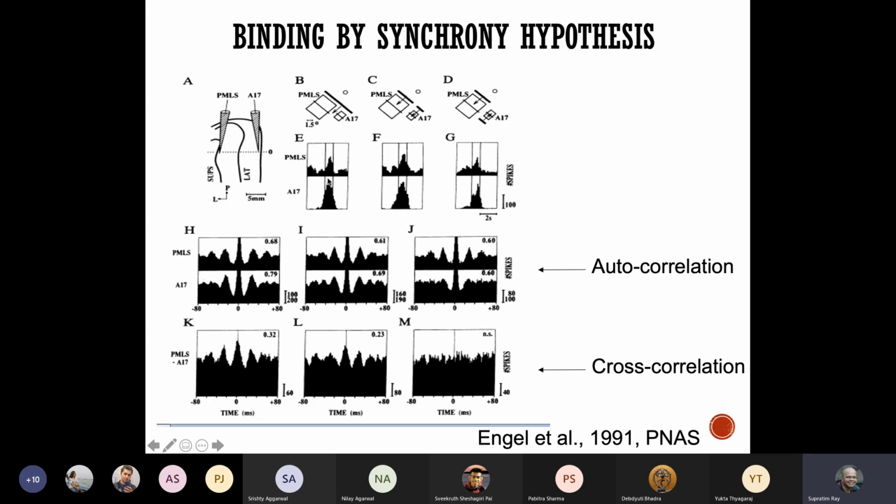So the grand idea here was that when you look at a unified object whose attributes need to be bound together, this binding is achieved by synchrony at gamma frequencies. So gamma oscillations induce synchronization that somehow binds all the different small fractions that individual neurons see, and then you see the full picture.